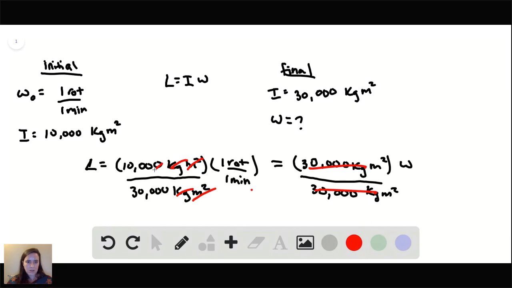My zeros go away. So we get 1 rotation every 3 minutes. Wow, that was a hideous box.